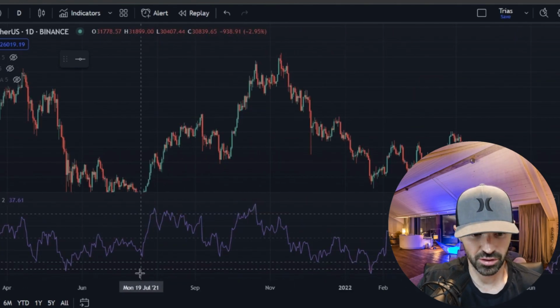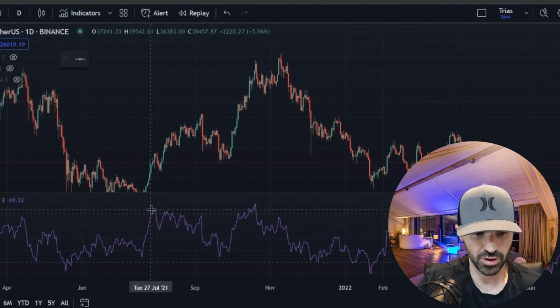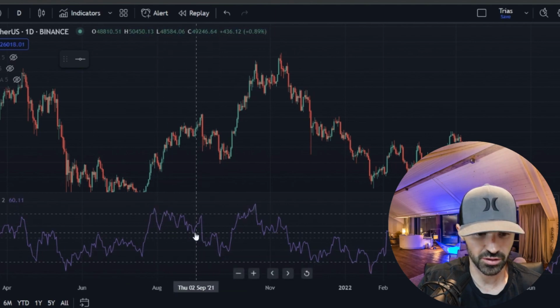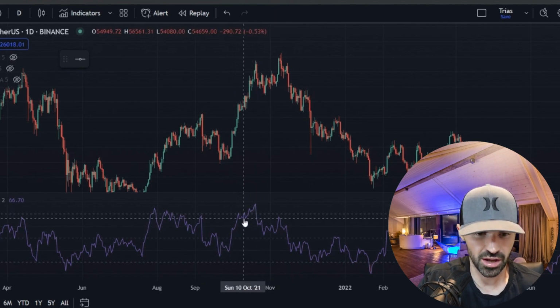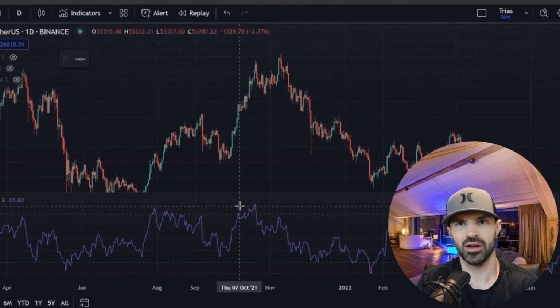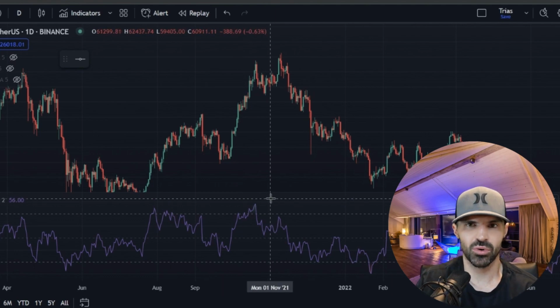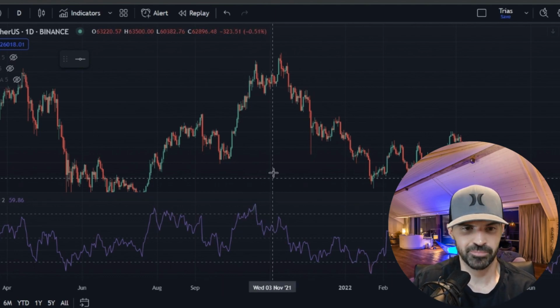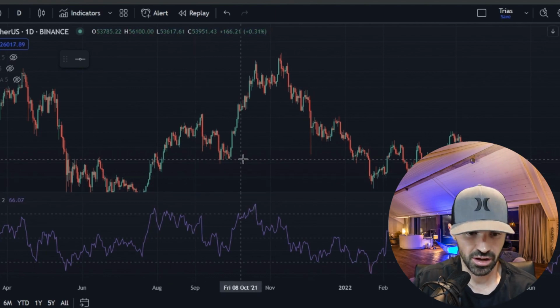As you can see here in the RSI, it's oscillating from oversold to overbought. As it crosses the 70 line, then you know that the price is overbought. It should be a warning sign to expect a trend reversal or for the price to sell off.